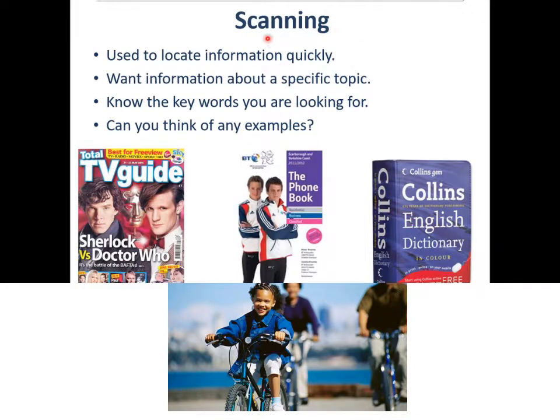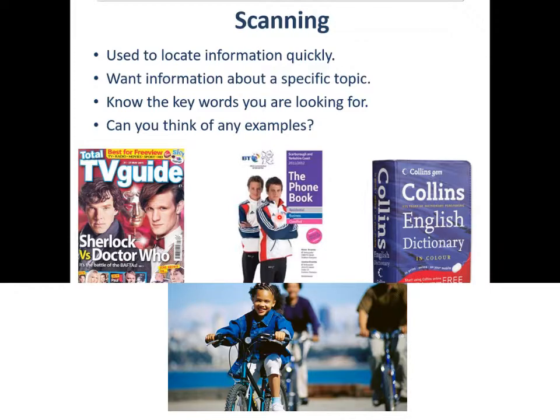Right, when you are scanning, you are actually trying to locate information quickly. So you want the information to be about a specific topic, the one that you are looking for. You know the keywords you are looking for, and one of the examples here is the phone book.